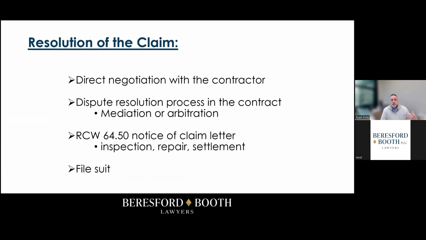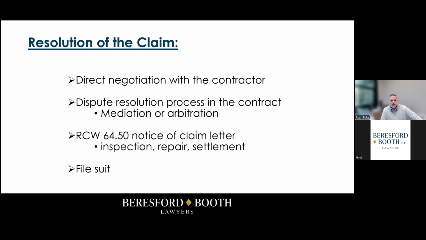There may be a very specific dispute resolution process, or there may not be one at all. But some common methods would be requiring direct negotiation between the owner and the contractor, requiring notice to the contractor, and requiring mediation before filing suit or commencing formal action against the contractor.